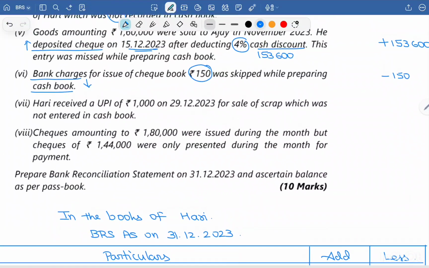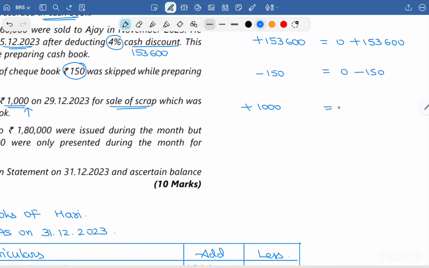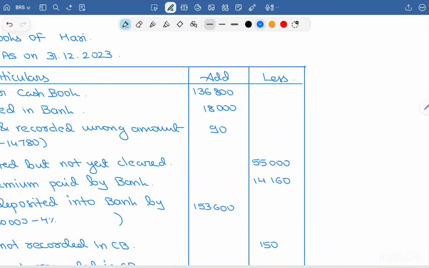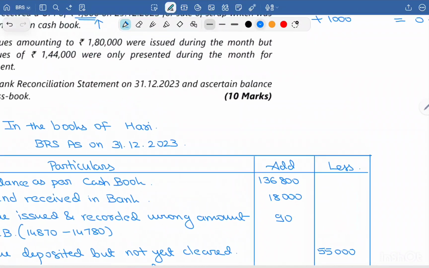Then next adjustment. Hari received UPI of 1000 on 29/12/2023 for sale of scrap. So we have received the amount. Balance has increased in the passbook, so plus 1000. But not entered in the cash book. Cash book is only 0. So to make it equal, add 1000. So add column 1000.